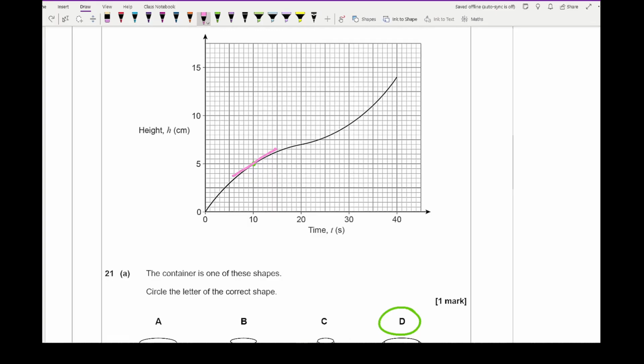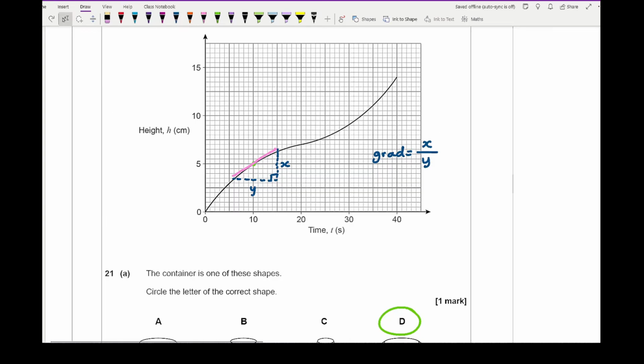Now I always recommend students, whenever you're drawing tangents, move the graph to make it easier for you to draw that tangent. Then from that, you want to turn it into a right angle triangle and work out, using the scale that's being used, the gradient, which is the distance up divided by the distance across.